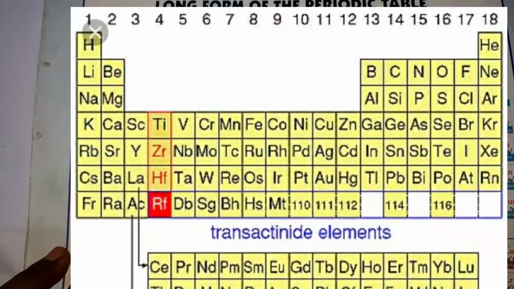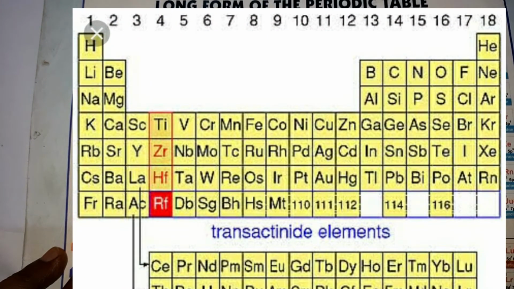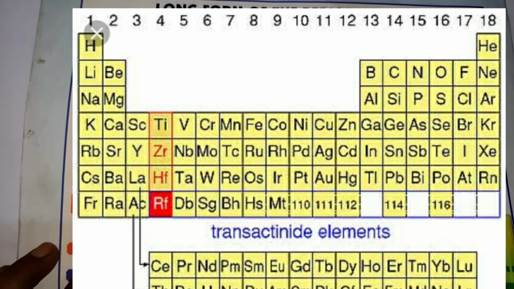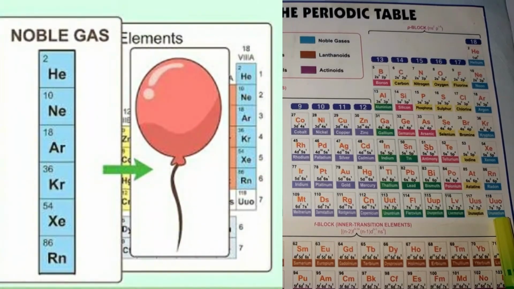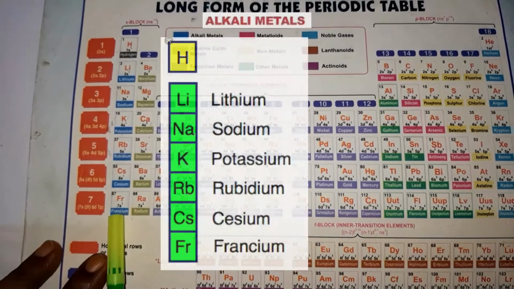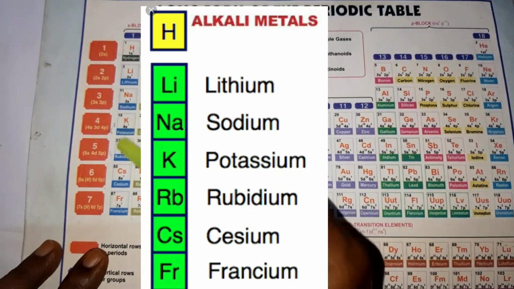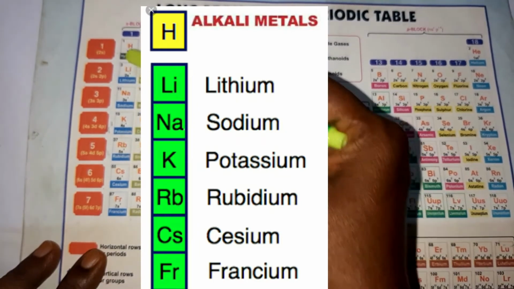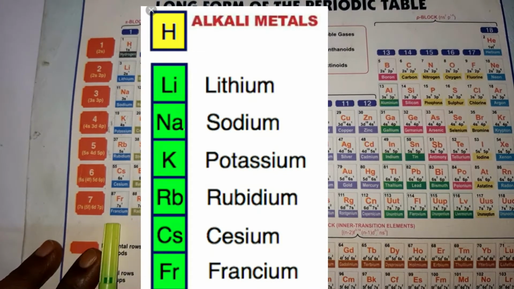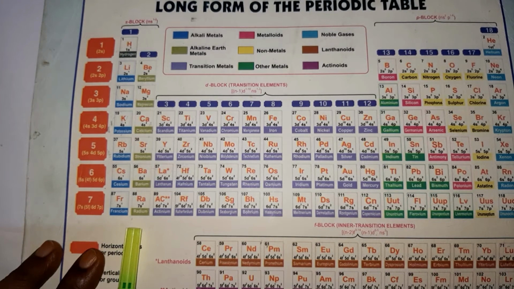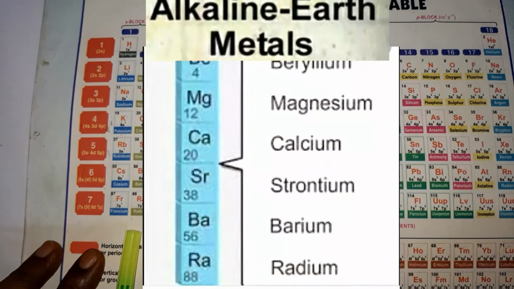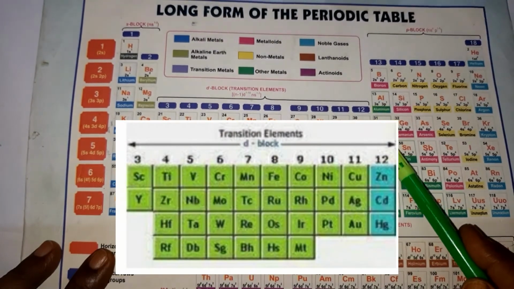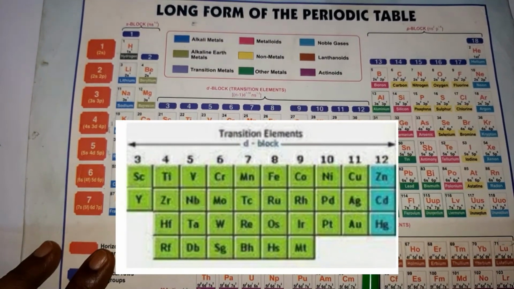I told you these 18 vertical columns are groups, children. These groups have what type of elements? The 18th group elements are called noble gas elements, and you can see the first group elements like hydrogen, lithium, sodium, potassium, rubidium are called alkali metals, children, and the second group elements are called alkaline earth elements, and from third group to 12 group elements, these are called transitional elements, children.